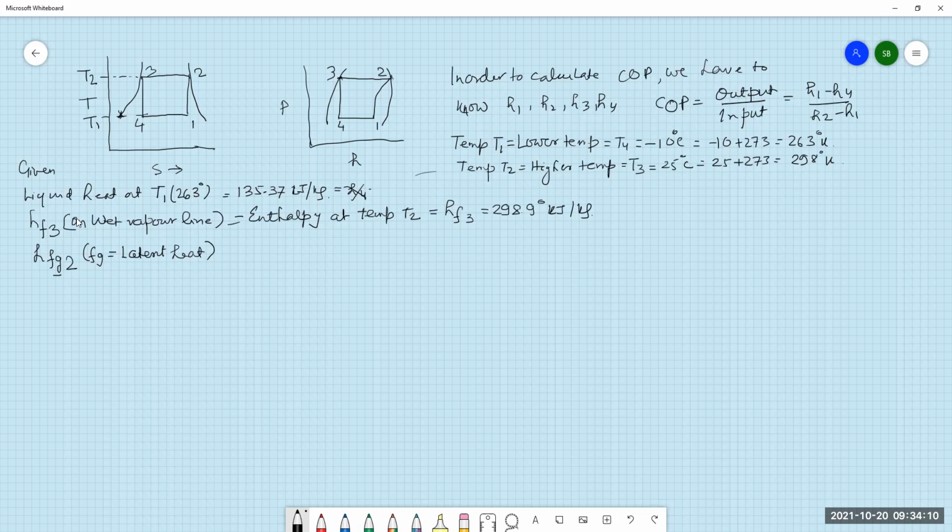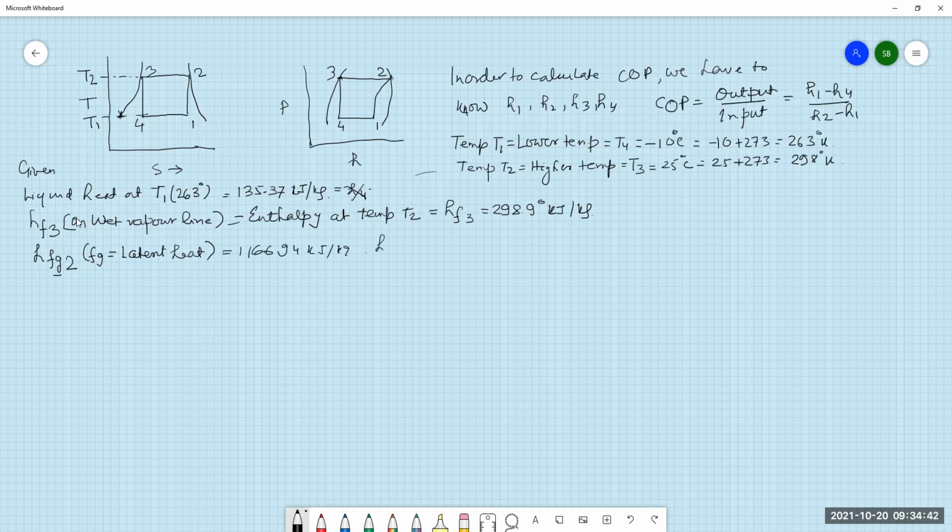This HFG2 is given as the latent heat at 25 degrees, 1166.94 kilojoule per kg.